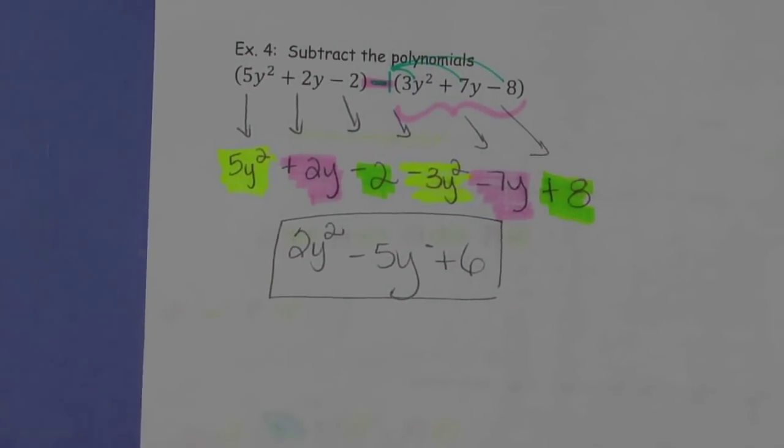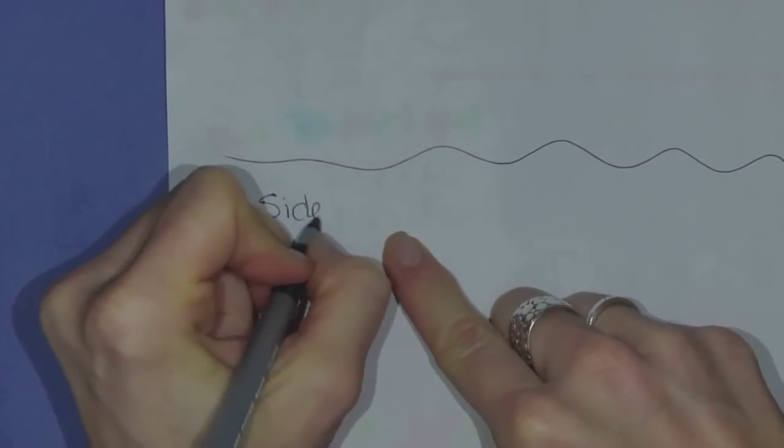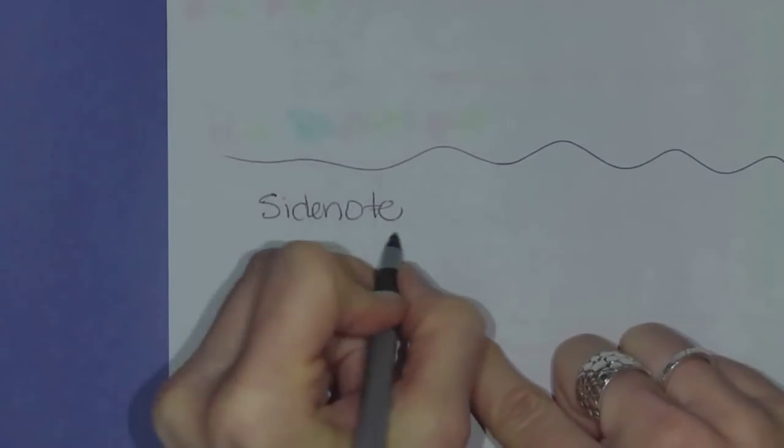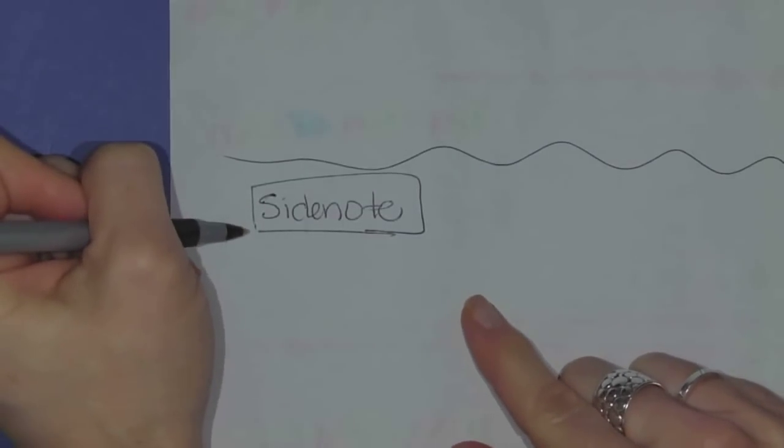Now, while I have you here, I want to go over just a little side note as we move through this chapter, as we've been doing different operations with polynomials and monomials. I just want to make one thing really clear.